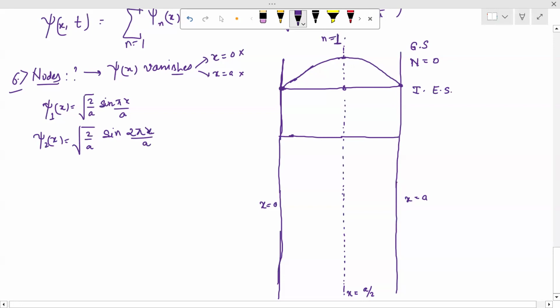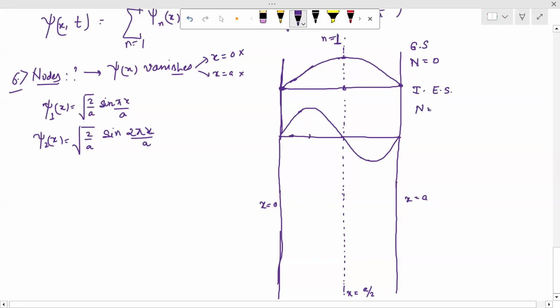Now clearly at x equal to a by 2, this will become 0. And at x equal to a by 4, just think about it, it will reach some maximum. At x equal to a by 2, it will cut. And at x equal to 3a by 4, again it will come down. So this is the first excited state.